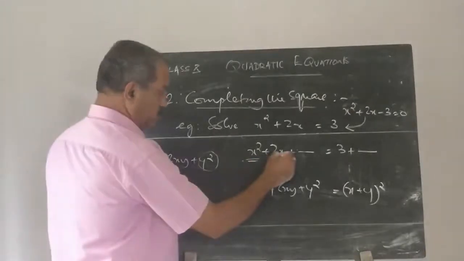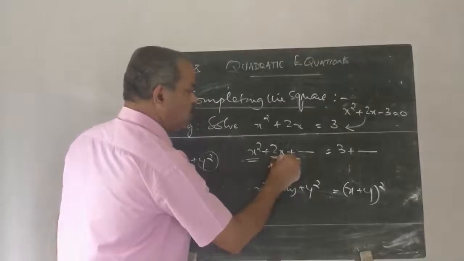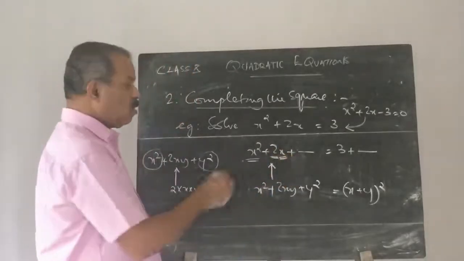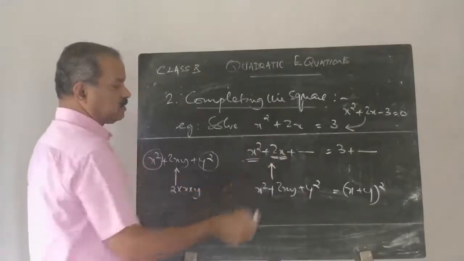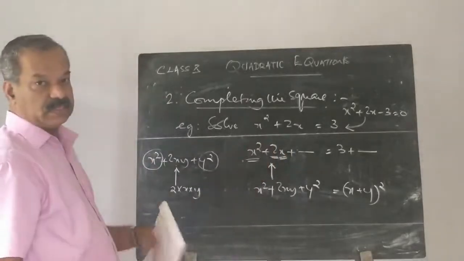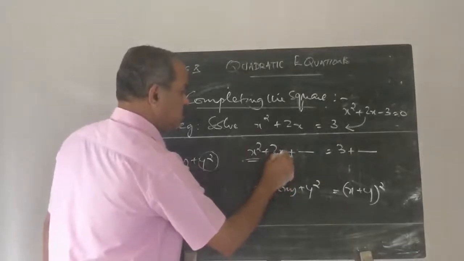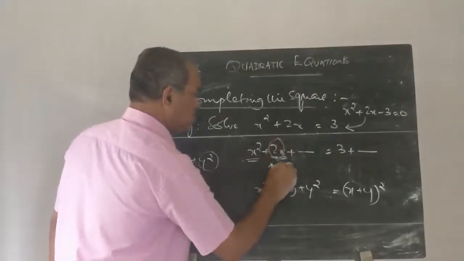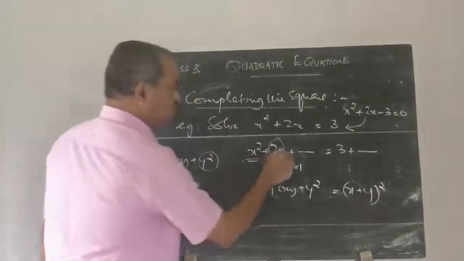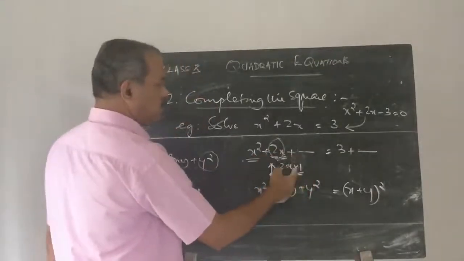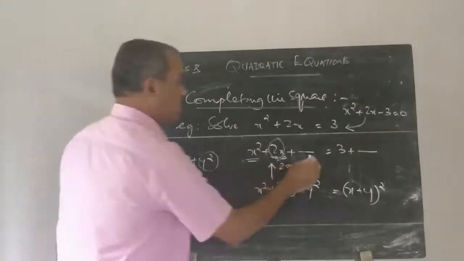So in the place of 2 into x into y, we have 2 into x. So how can we keep this the same as 2x? We can put the third factor as 1. That is, this is 2x into 1. So in the place of y we have 1. That means add the square of 1, 1 square.